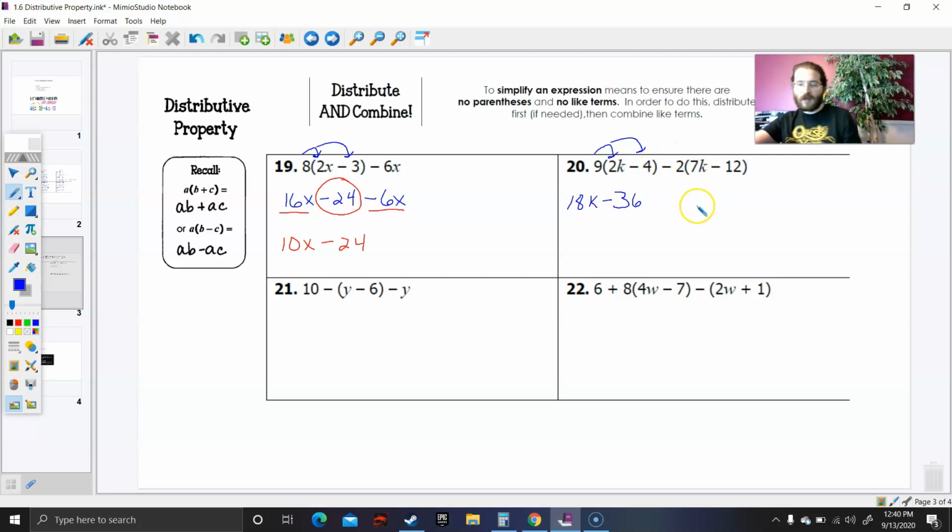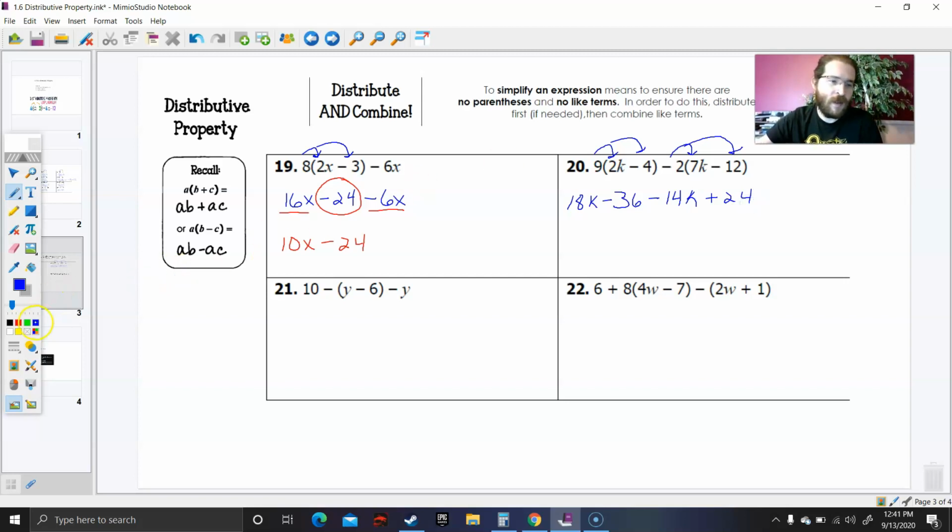We can do this a couple different ways. We could either treat this as a positive 2 and distribute, or treat this as a negative 2 and distribute. I'm going to treat it as a negative 2. So negative 2 times 7, we get negative 14k. Negative 2 times negative 12, we're going to get a positive 24.